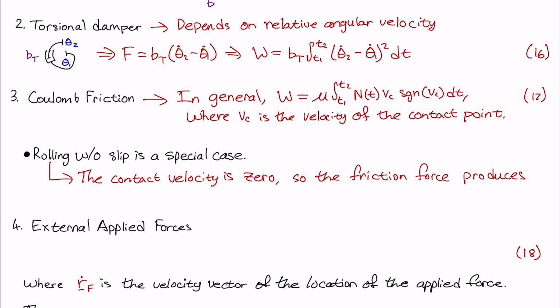So in rolling without slip, there is no dissipation due to friction. Friction's entire purpose is to act as a constraint that forces the system to roll without slip. And in general, constraint forces produce no work.